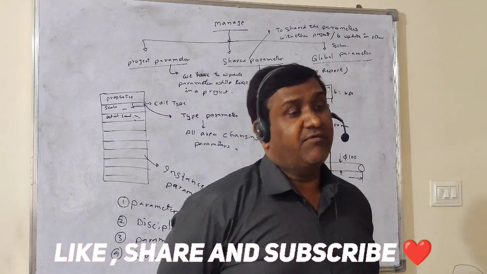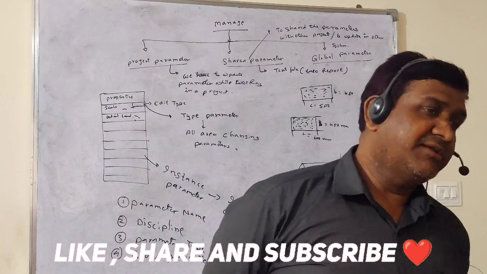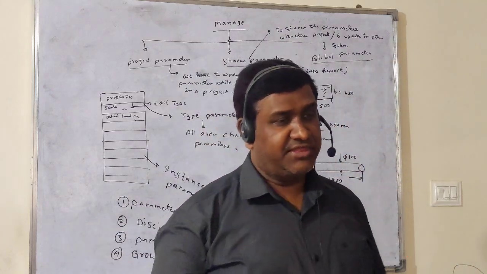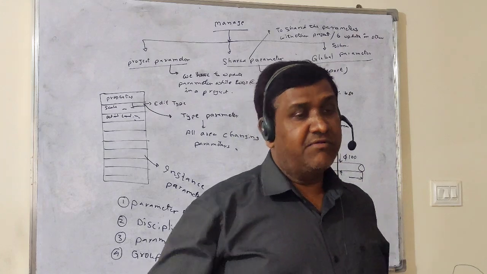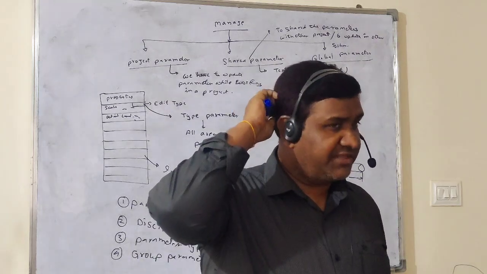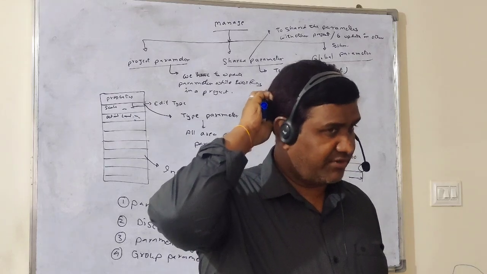You worked on that PC for one or two months, and in that same PC you completed one project, and in that project you updated many parameters. All those parameters were updated in project parameters only.